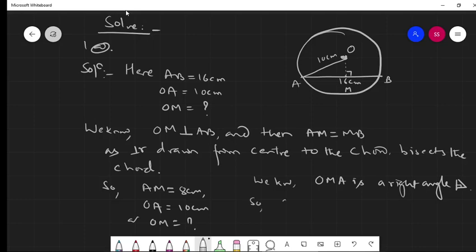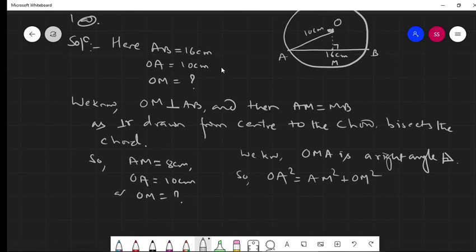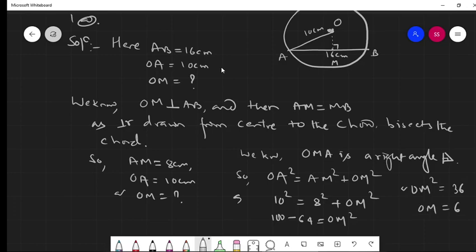So OA square equals AM square plus OM square using Pythagoras theorem. I think everybody knows. OA square is 10 square equals AM, which is 8 square, plus OM square. 100 minus 64 equals OM square, or OM square equals 36, OM equals 6.